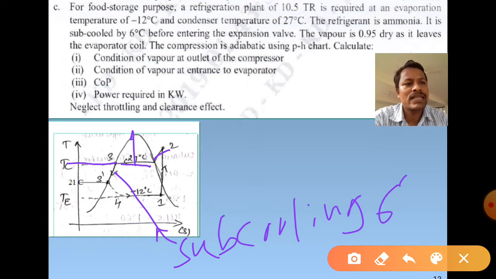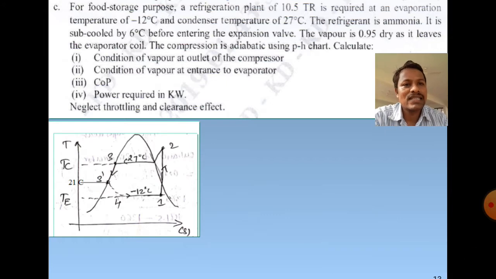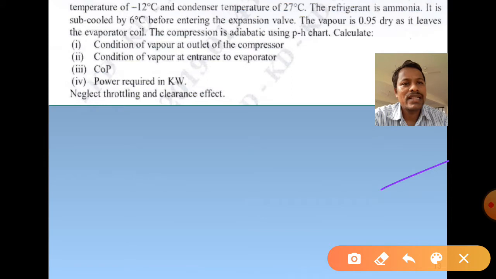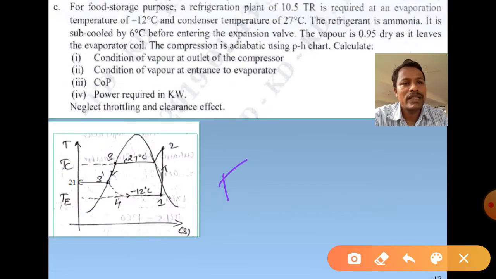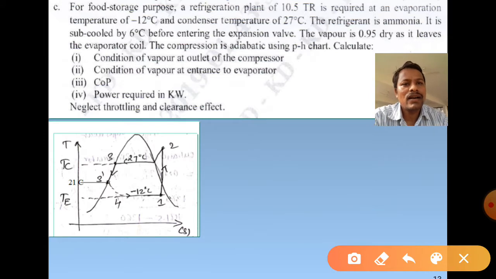By 6 degrees Celsius he has told. That is 27 minus 6 is 21 degrees Celsius. Then T3 dash value is 21 degrees Celsius here. So now again here as usual from 3 dash to 4 it is an isenthalpic process.